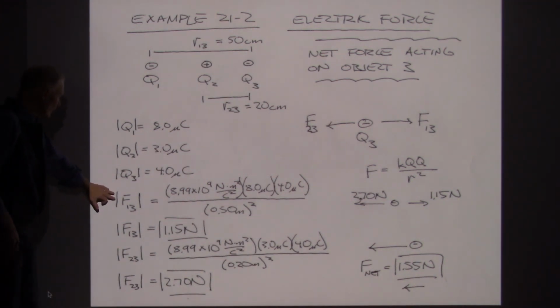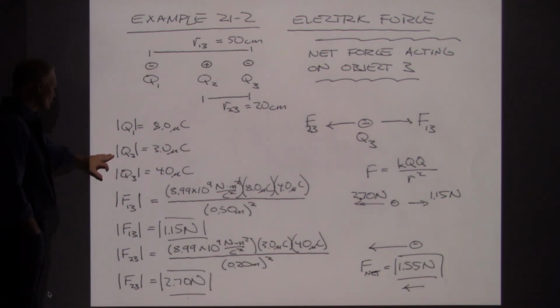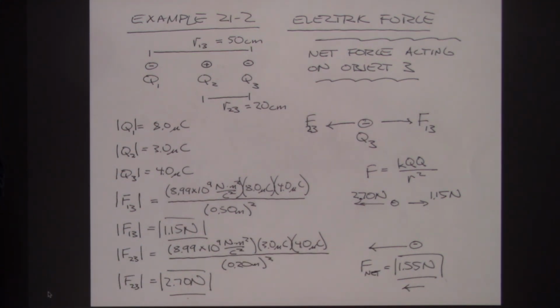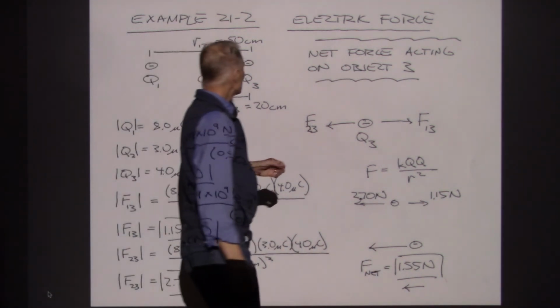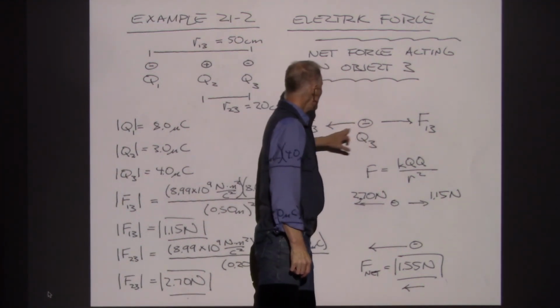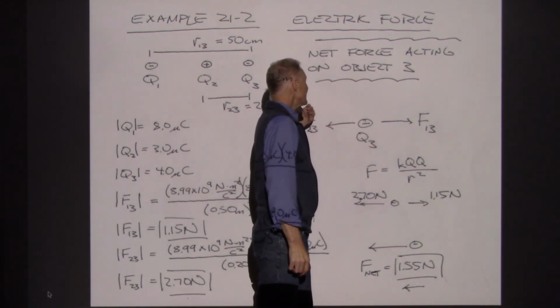Now I'm going to get the force F13. Notice that I'm just working in terms of magnitudes now. I've also dropped the plus and minus signs on my charges because the pluses and minuses are really just important in determining which direction these forces will be in. Are they attractive or repulsive?